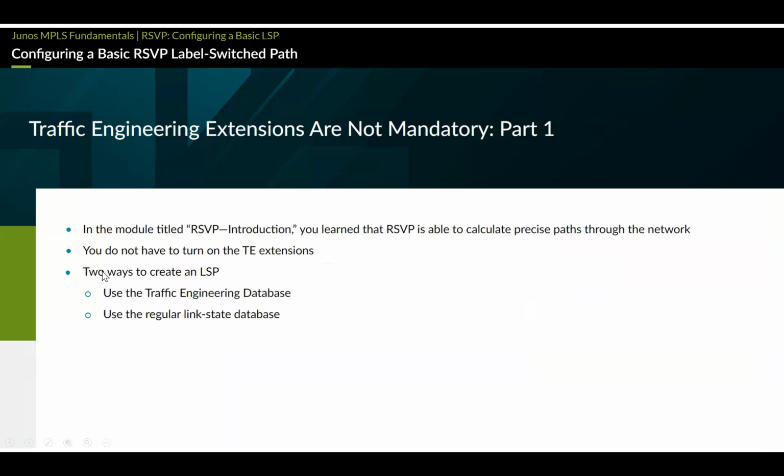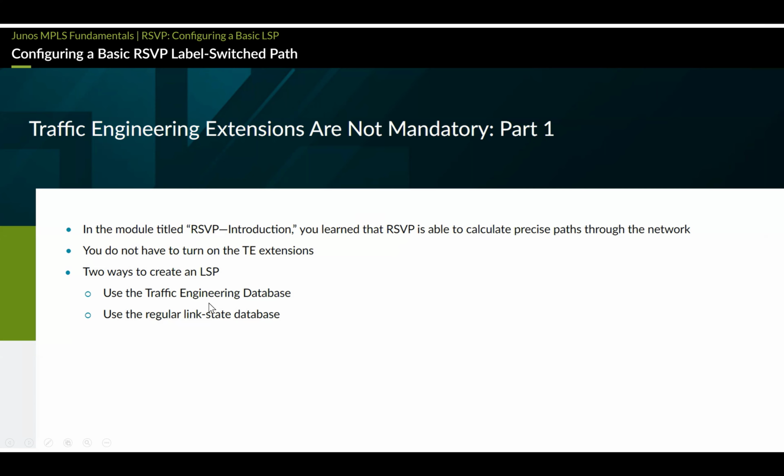So let's see traffic engineering. For the traffic engineering extension, we use RSVP to define the entire path. You can define the entire path through RSVP, so you do not have to turn on the TE extensions, no need.